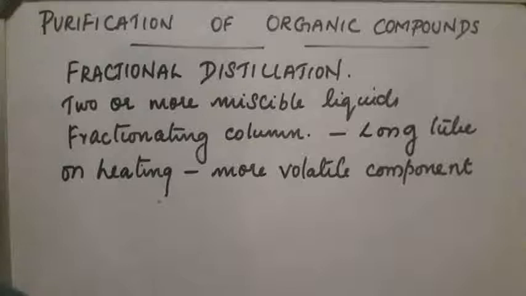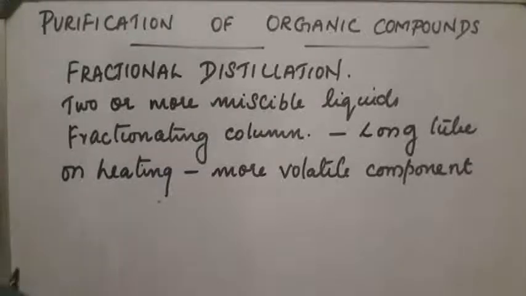So, on heating, what will happen? This changes into vapors. This volatile component vaporizes and the fractionating column is filled with this volatile component, and this volatile component will reach the top.